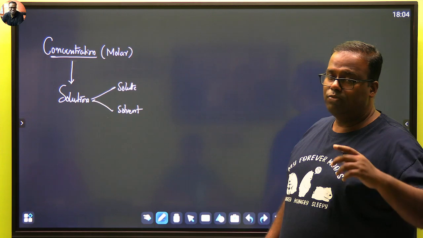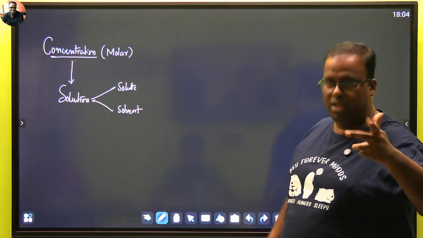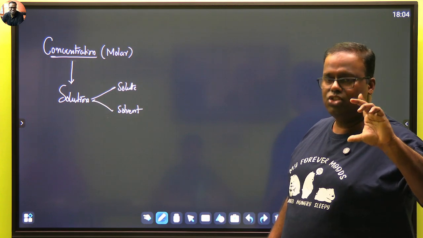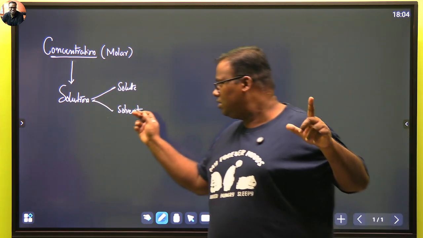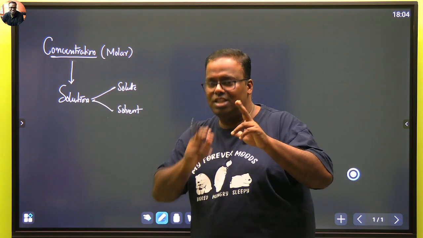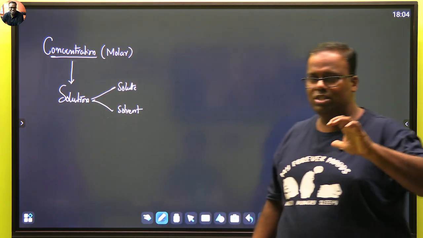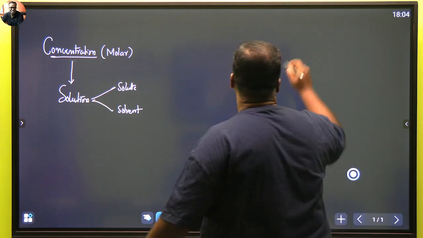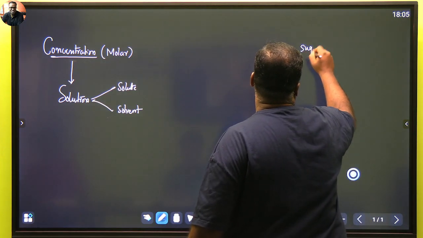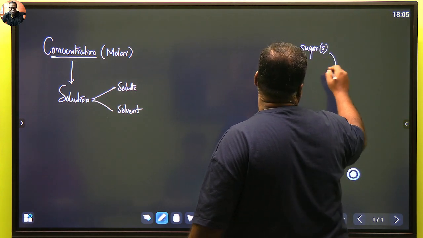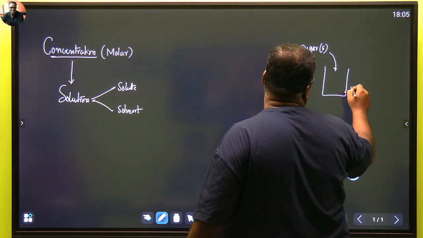Second, after the solution has been made, check the state of the solution, and whichever of them has the same state as that of the solution, that is the solvent. What I'm trying to say is, let us take sugar, which is obviously solid, and let's put sugar in water, H2O.